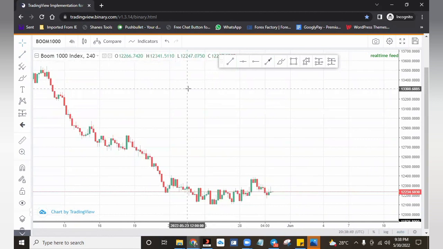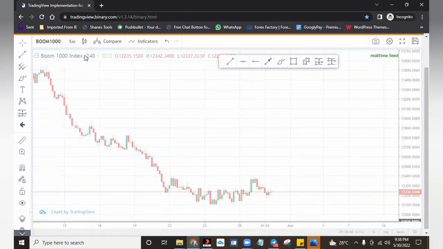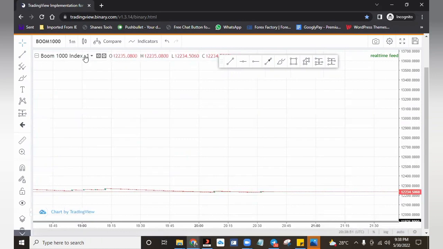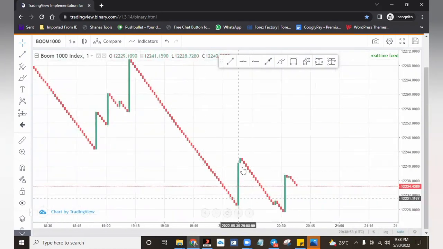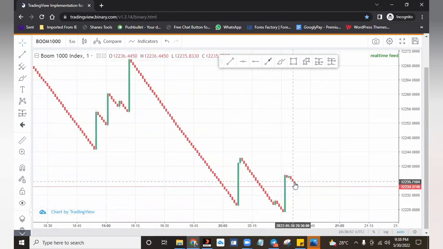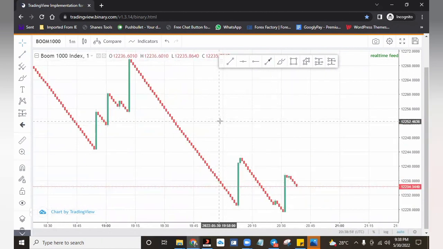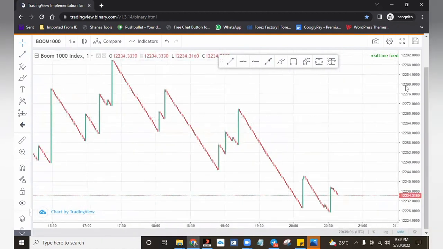But there is one thing that I always do. You know, the boom and crash markets, if you go to the 1-minute time frame, you'll be able to see how the boom and crash markets actually move. Now, for the boom markets, it spikes, goes to the upside, while the candlesticks go to the downside. And there's one thing that I don't do.